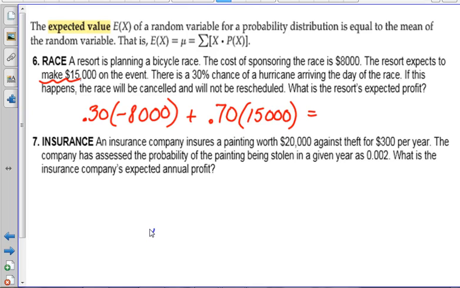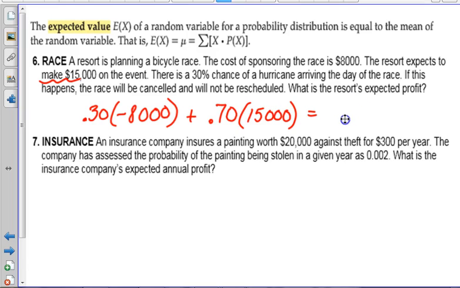I don't want to use the online one, it takes too long. This number can be negative and it can be positive, guys. If it turns out negative and you're the owner of the resort, what are you going to do?